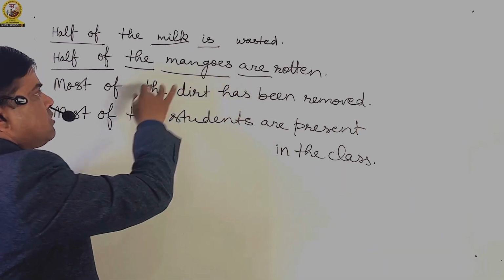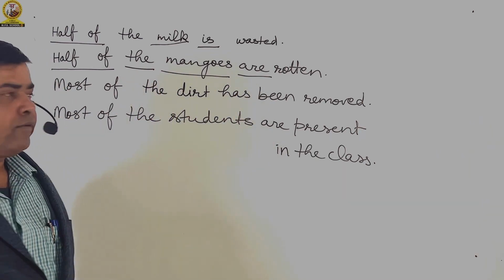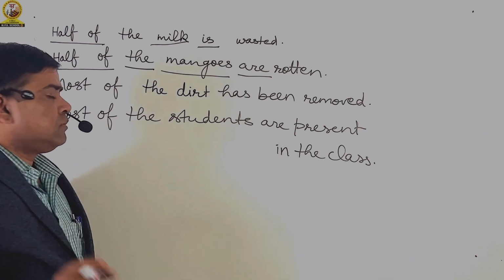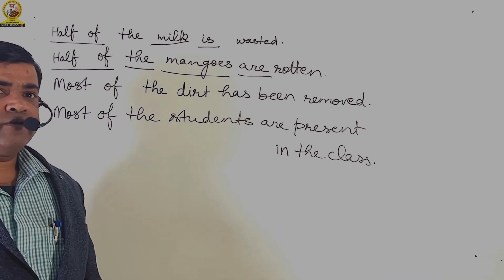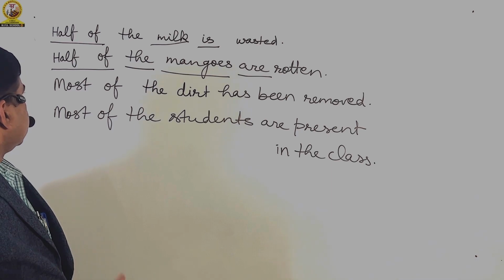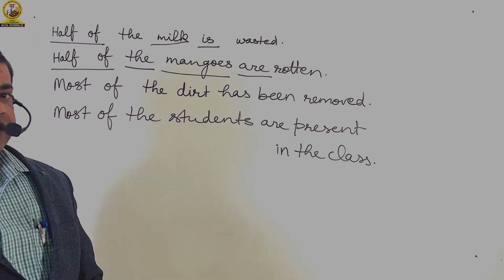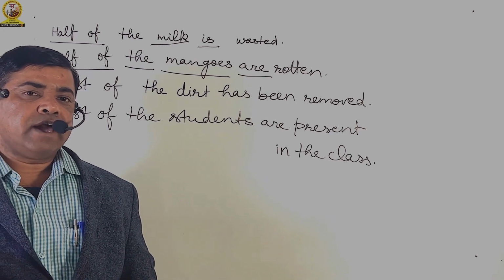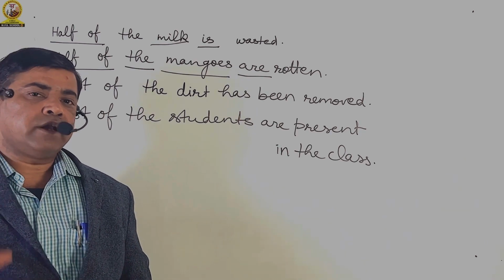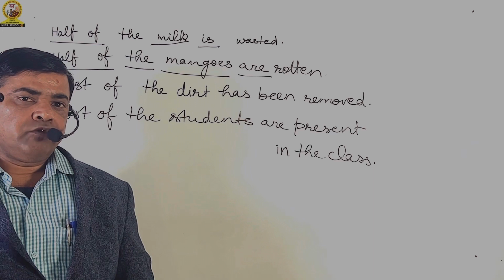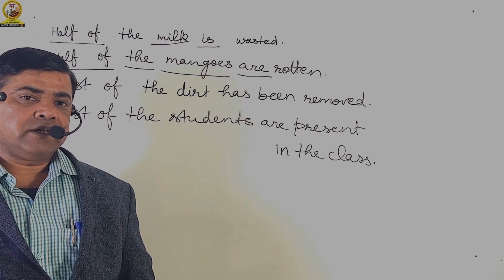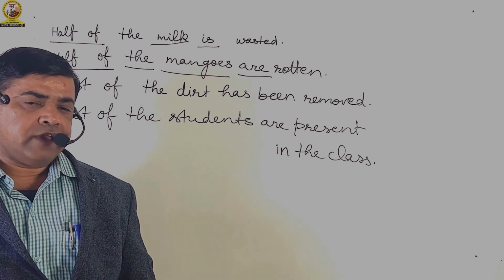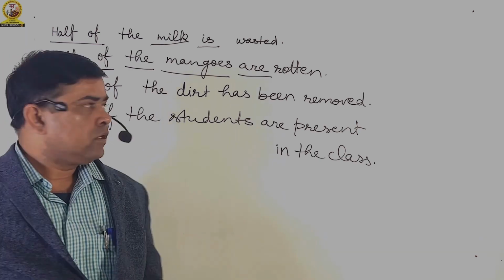The will be used before it because when half of or most of or a lot of etc is used before a noun, we have to use the before the noun, whether it is a material noun or a common noun. We have to use the before it.